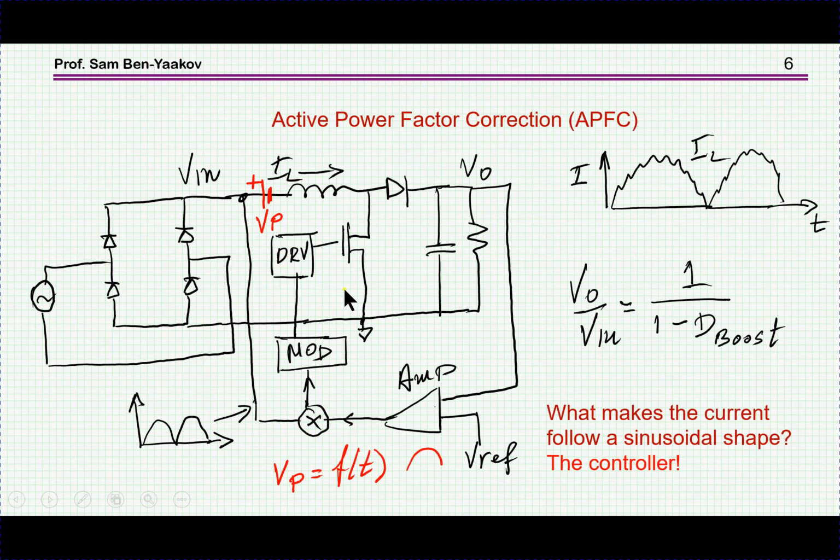And the same thing goes here. In the case of the power factor correction, the duty cycle to be developed by the feedback is not exactly according to this boost equation, but there is some delta here which will cause the current to increase, and therefore we can control it in such a way that it will follow the reference that we have here.